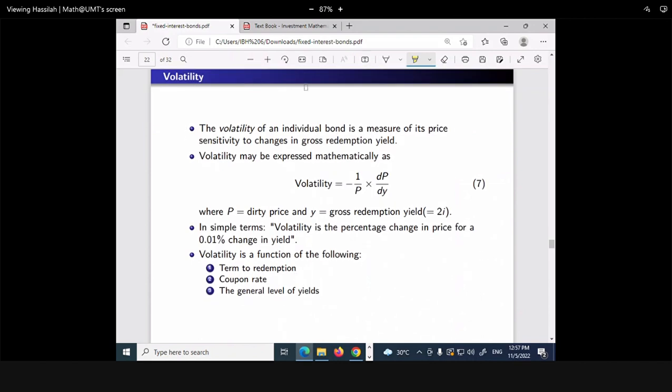Okay, so volatility is another measure of its price sensitivity to changes in gross redemption yield. Okay, gross redemption yield ingat tadi? Mungkin tak simpan lagi dalam kepala. Gross redemption yield tu patutnya apa dia? Kalau nak cari gross redemption yield, you cari apa?